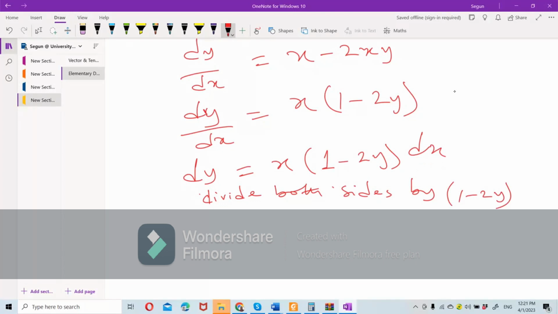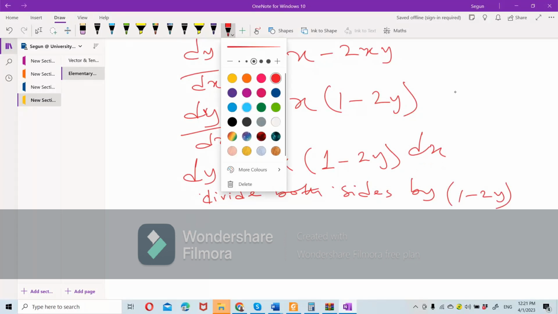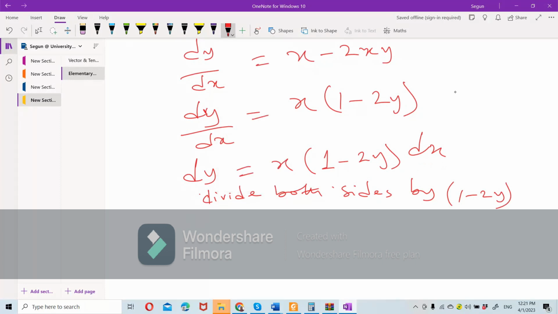So when you divide both sides by 1 minus 2y, what do you have? You have dy over 1 minus 2y equals x into 1 minus 2y dx over 1 minus 2y.